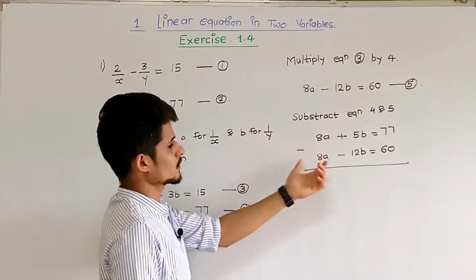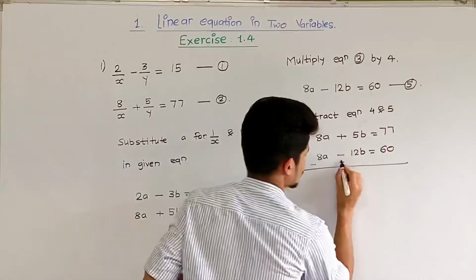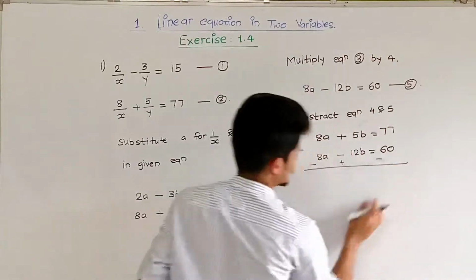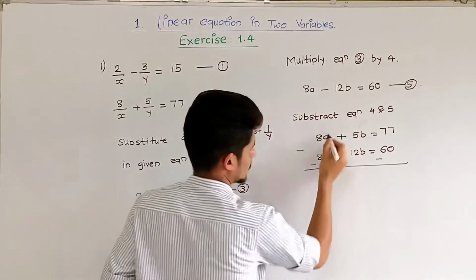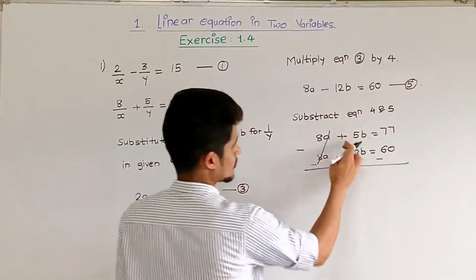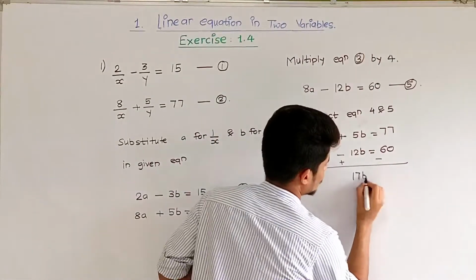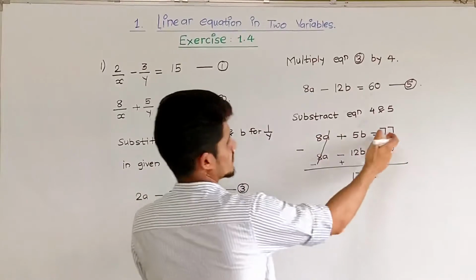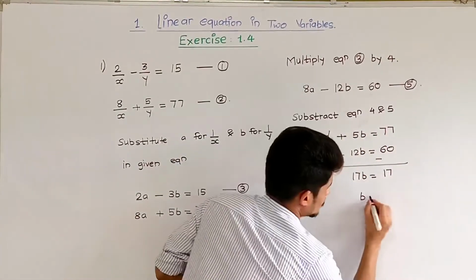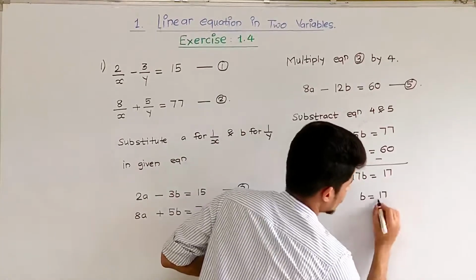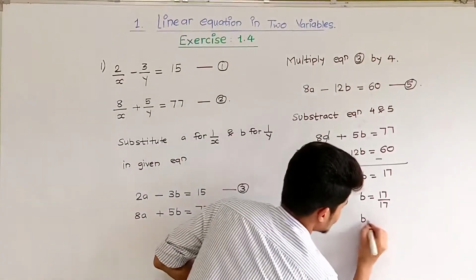We have to subtract, so the signs will change, that is minus plus minus, minus minus plus, minus plus minus. So now we'll consider these new signs. 8a minus 8a will get eliminated, 5b plus 12b is 17b is equal to 77 minus 60 is 17. So b is equal to 17 divided by 17. So b is equal to 17 by 17, b is equal to 1.